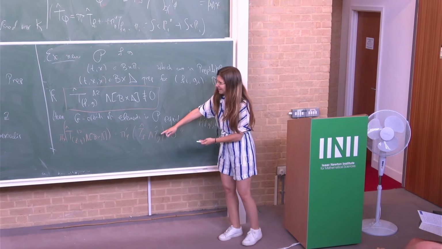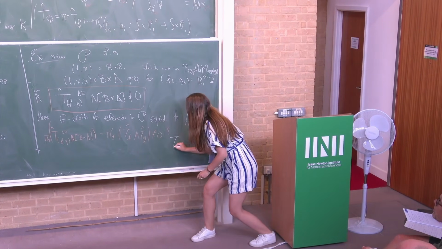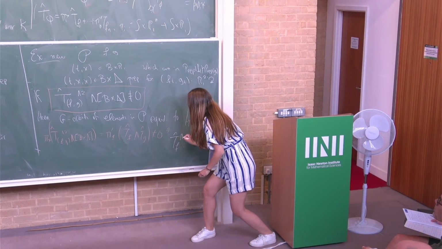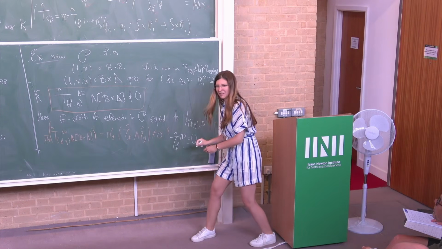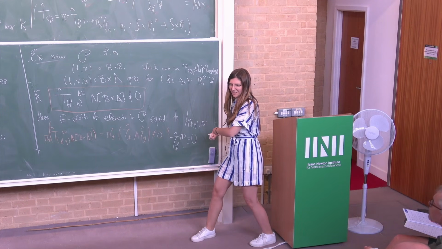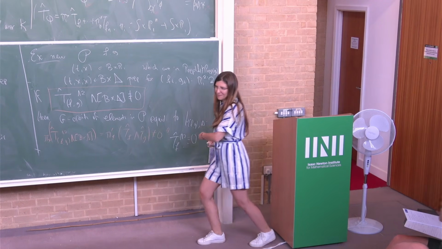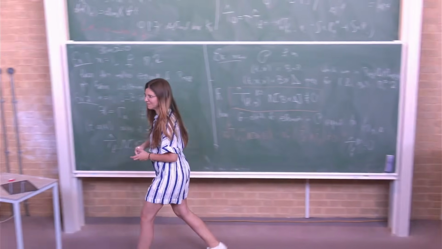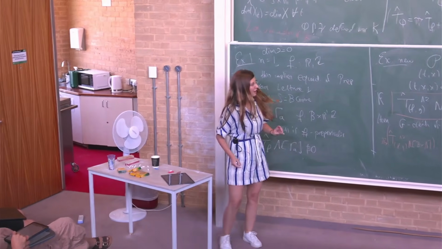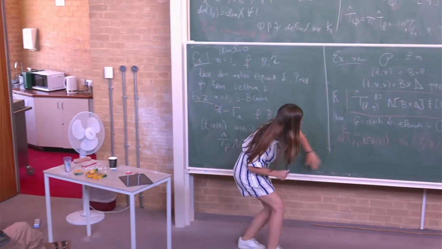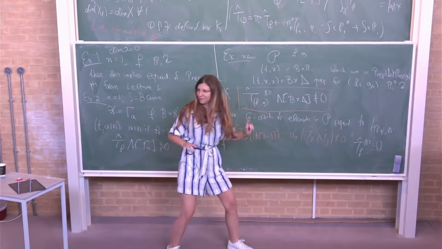I'm using, if you haven't seen before, that the square of T_f and T_g is 0. Remember, it was defined with the Fubini-Study form, so if you square that, it has to become 0. But it's easy.